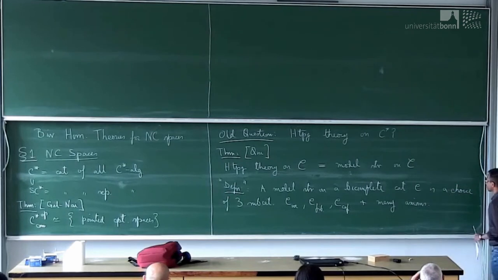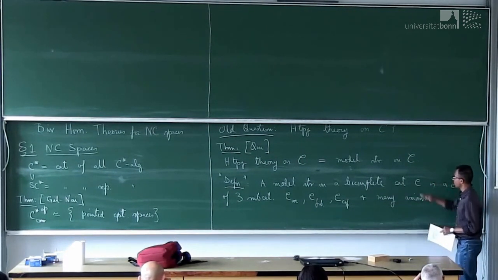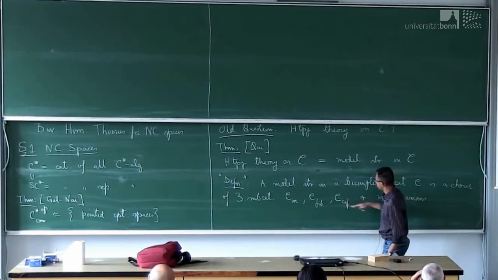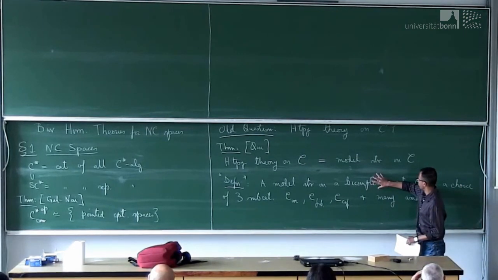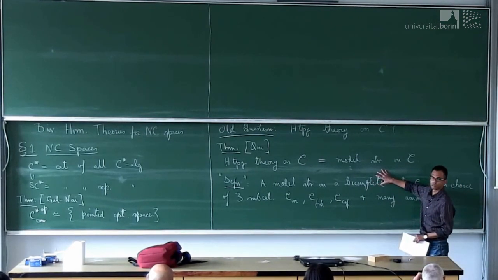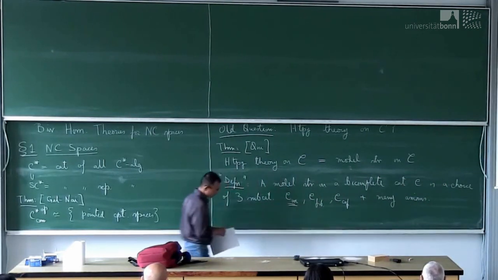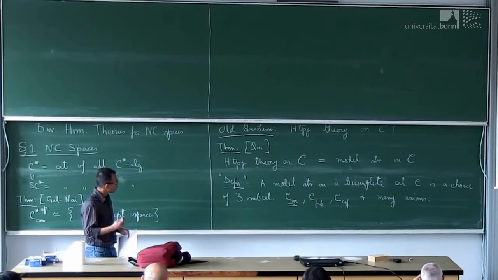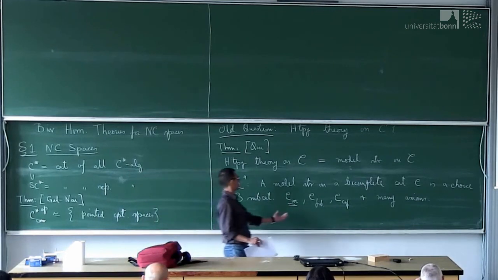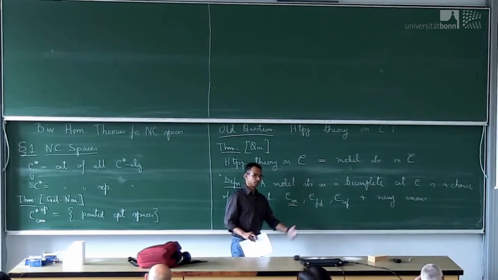It makes no sense. But the important thing is that when you have a choice of three subcategories on some bicomplete category, by that I mean it has all limits and colimits, then this is somehow the most important thing. In homotopy theory, as you know, you want to study things up to homotopy equivalences, and homotopy equivalences play the role of weak equivalences. So those are the morphisms in your category that you would want to treat as isomorphisms in the homotopy category.